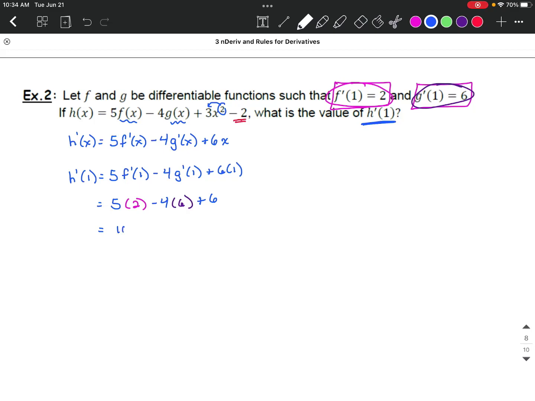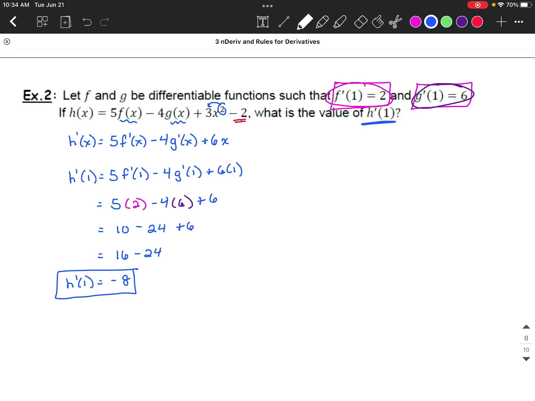So 5 times 2 is 10 minus 4 times 6 is 24 plus 6. So that's 16 minus 24. H prime of 1 then is negative 8.